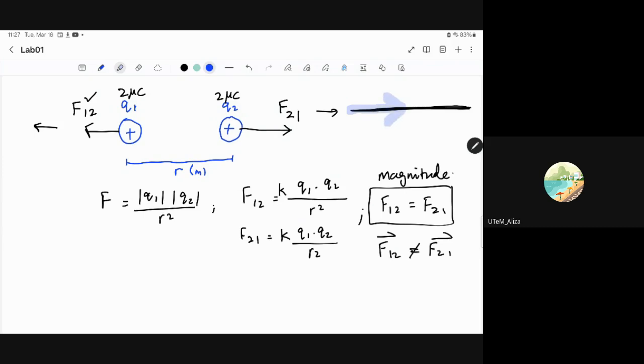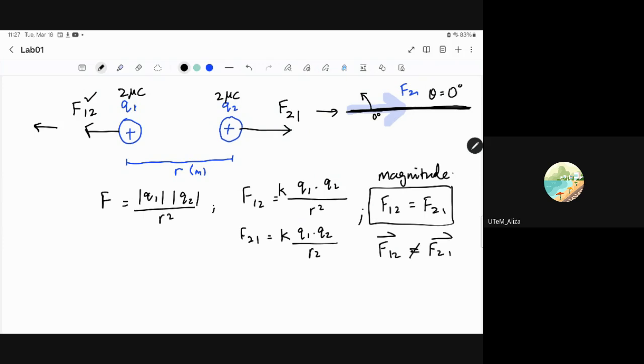So this is the force F21. To calculate the direction, you need to start from this basis line here and go in the anti-clockwise direction. From here is 0, so when you move up, you calculate the degree. If your F21 is in that direction, the angle is 0 degrees.